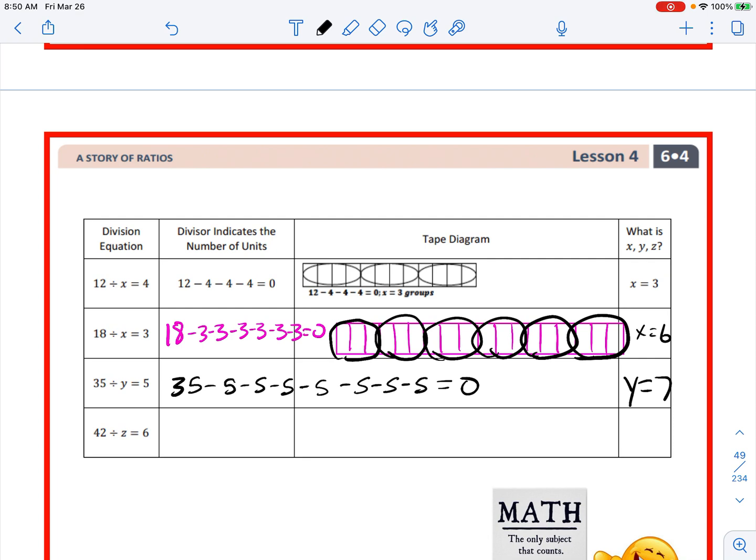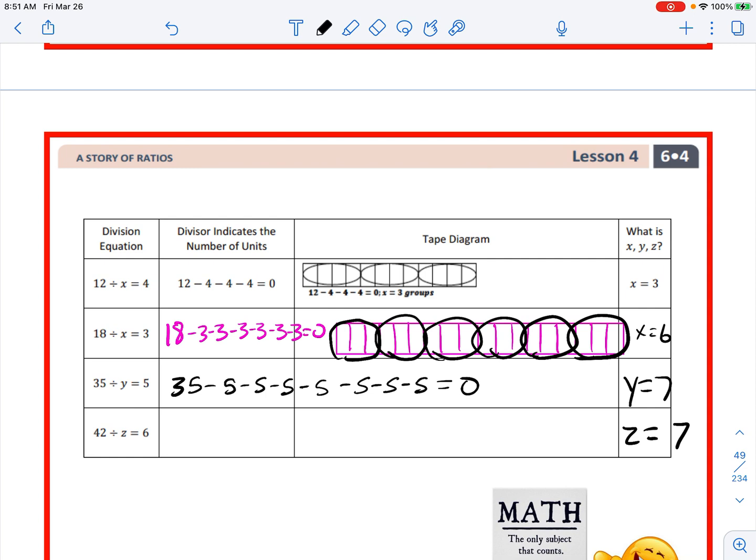Okay, now we have 42 divided by z equals 6. So, z is going to equal 7 as well, because 42 divided by 7 equals 6.